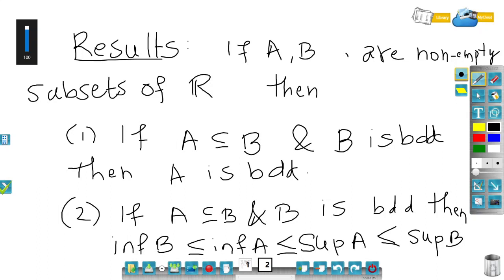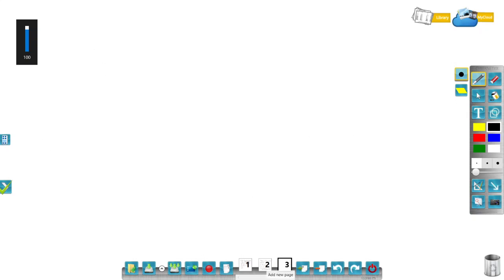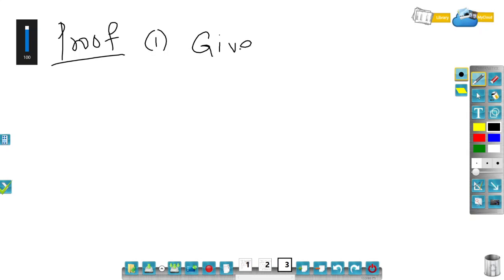So let's prove the first one, and then we will go to the second. Proof of this. What is given? It is given that A is a subset of B. Second thing, B is bounded.